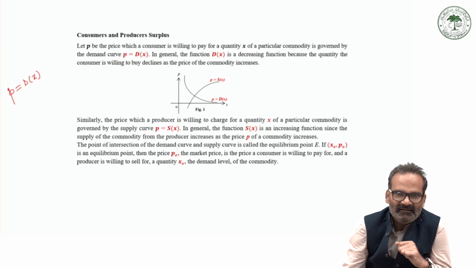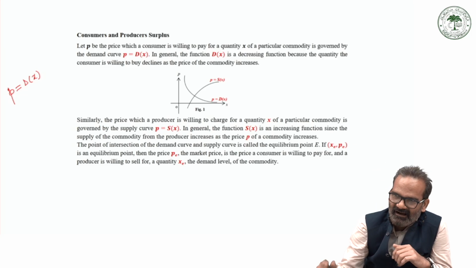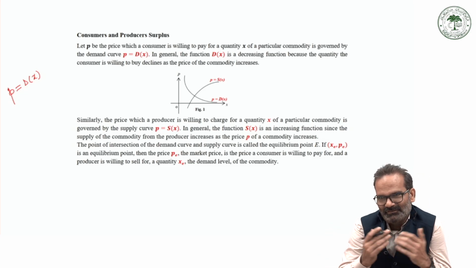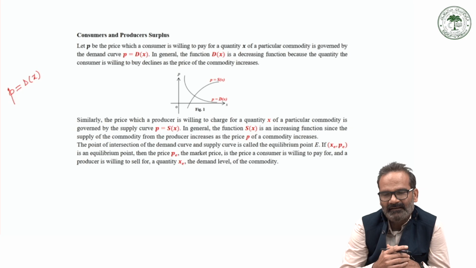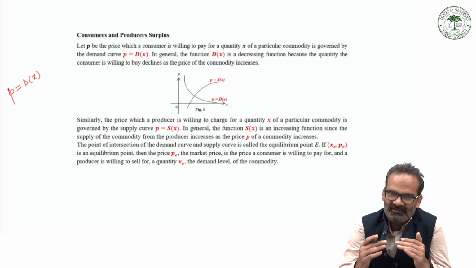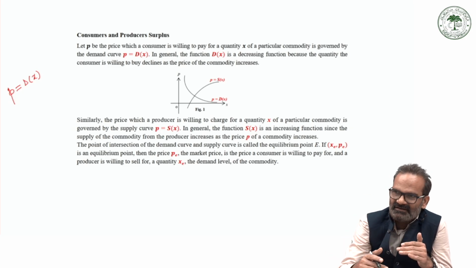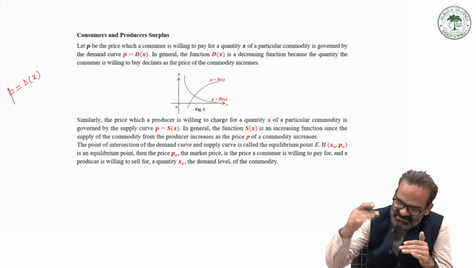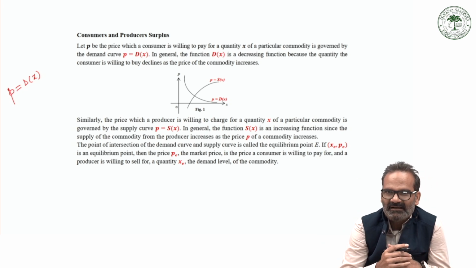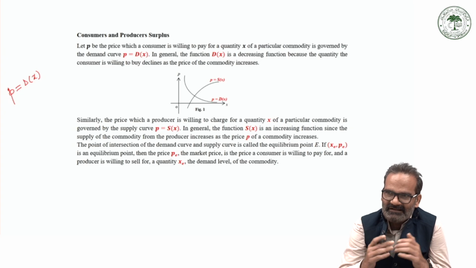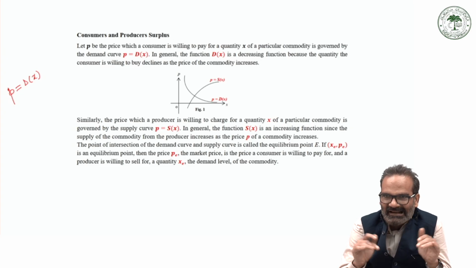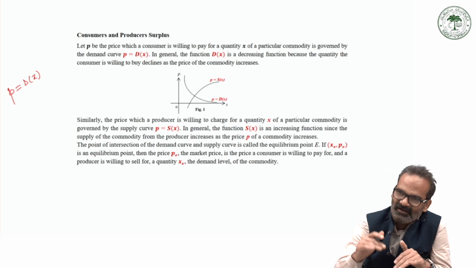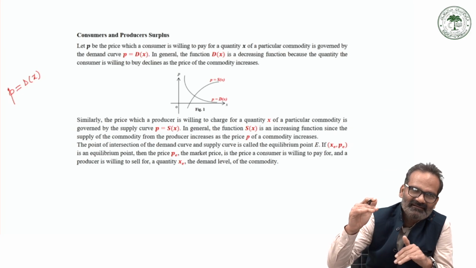In general, the function D(x) is a decreasing function. You all know from your 11th or 12th standard that the demand curve or the demand function is a decreasing function. Decreasing means it goes downward, because the quantity the consumer is willing to buy naturally declines when the price of a commodity increases, right?